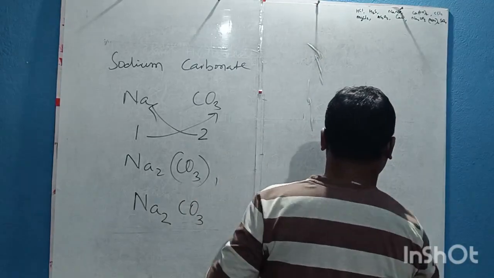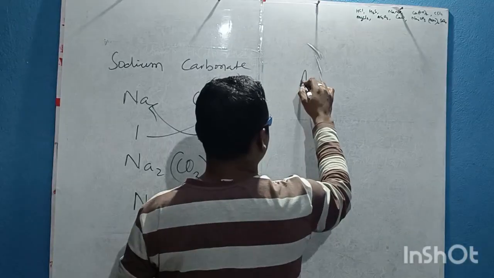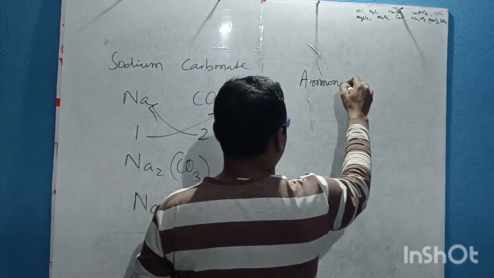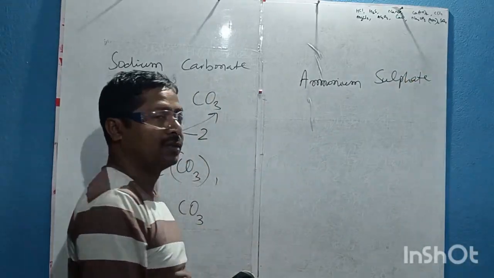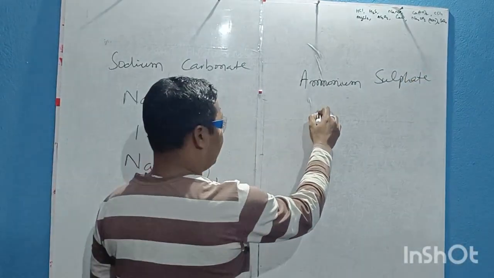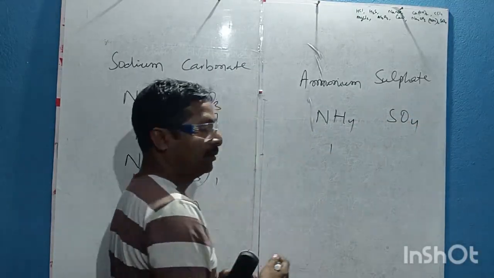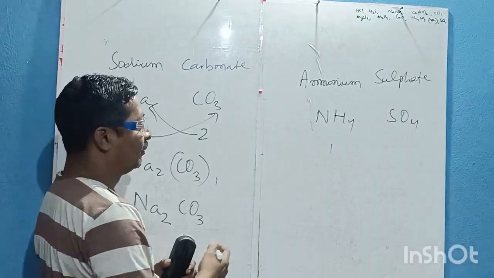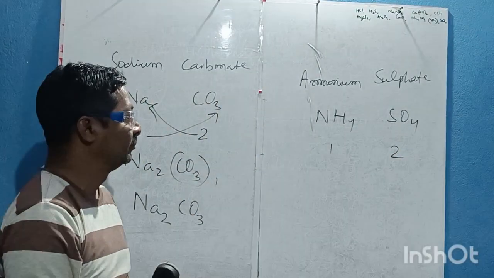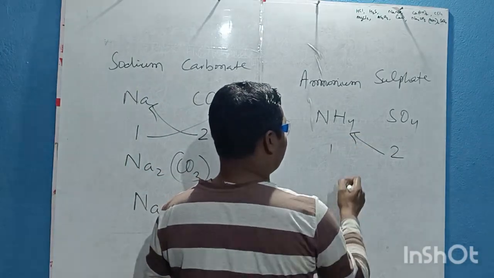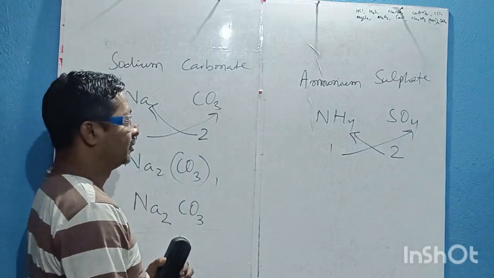The last one is ammonium sulfate. Ammonium means NH4, a polyatomic ion having valency 1, and sulfate is also a polyatomic ion having symbol SO4 and valency 2. So this valency 2 will be written to the right side of ammonium, and this 1 can be written to the right side of sulfate.